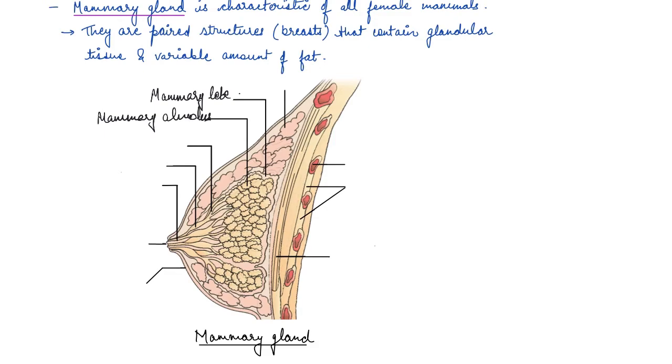Now the alveoli open into mammary tubules, and the tubules of each lobe join to form the mammary duct. So here you have the mammary duct. Now several mammary ducts join to form a wider mammary ampulla, which is connected to a lactiferous duct through which the milk is sucked out by the infant.